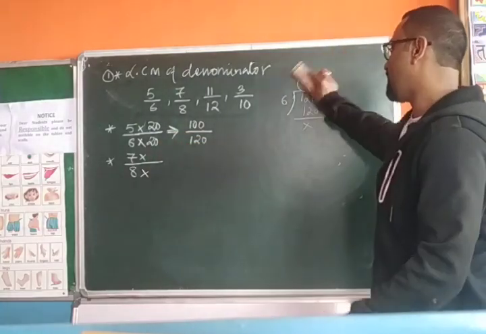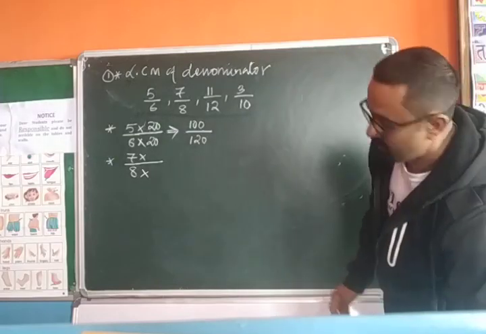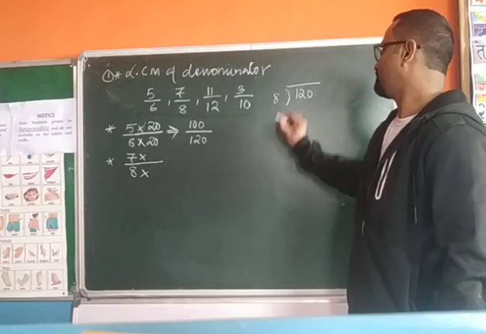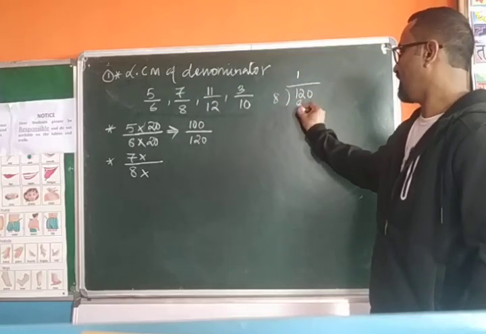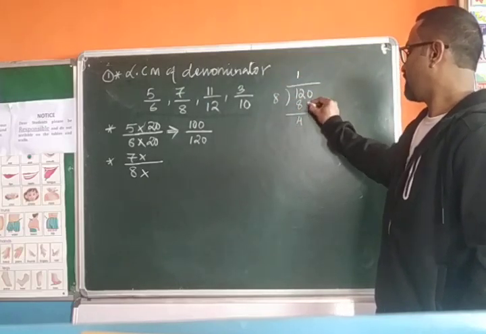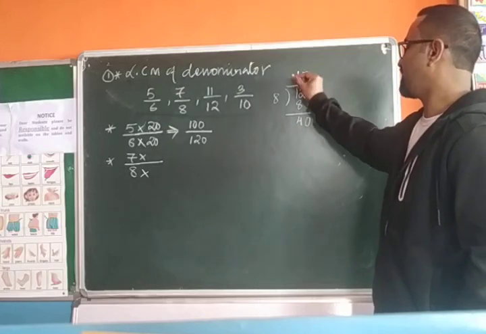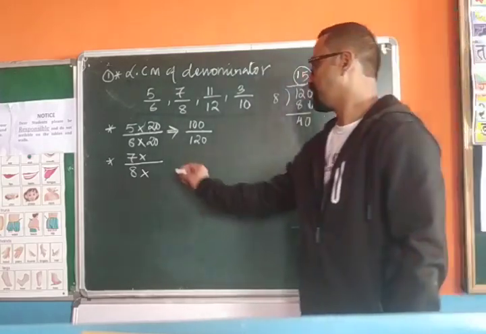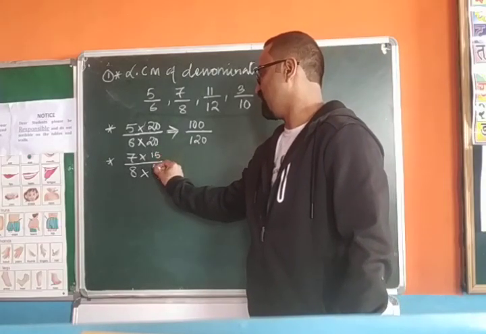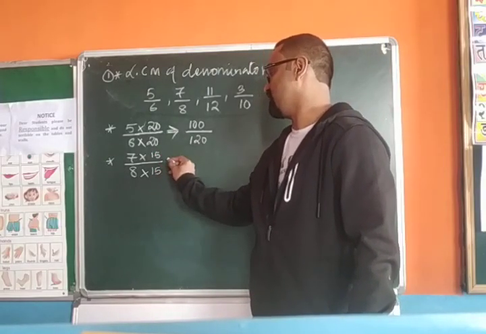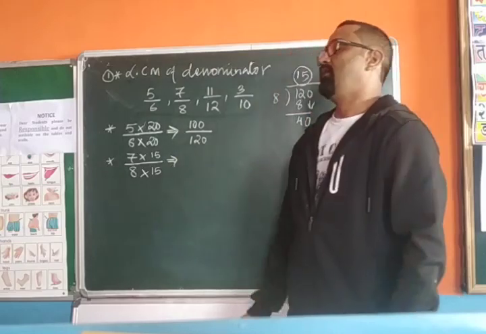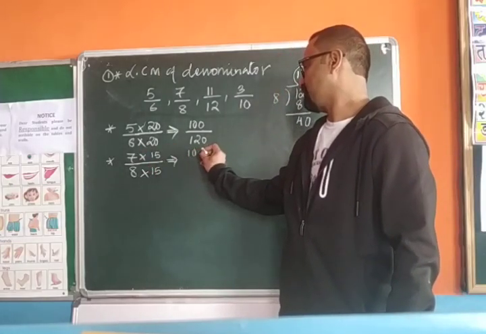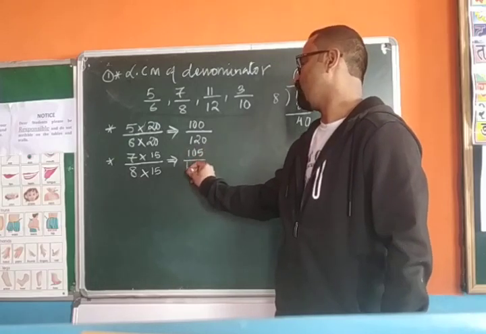And again you can find, 120 divided by 8, 5 times, 8 5 4 0. What is the suitable number we get? 15. Multiply both numerator and denominator by 15. 15 multiplied by 7 is 105, divided by 120.